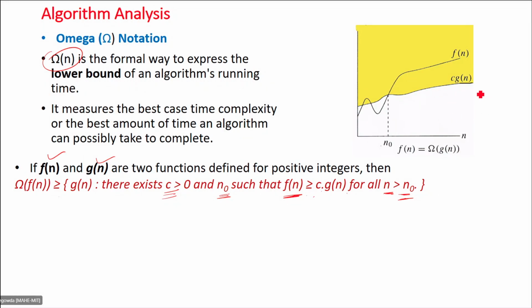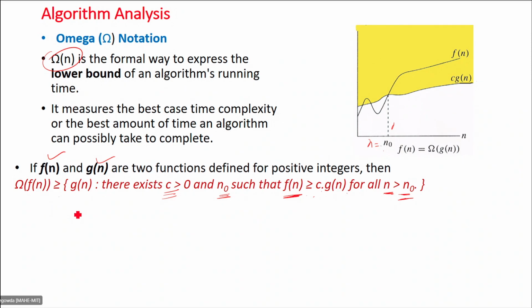If you look at this diagram, at n is equal to n naught the growth of the function f of n is greater than c into g of n, which means it is going to give you the lower bound of an algorithm.